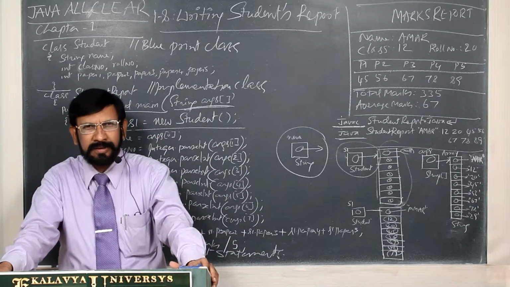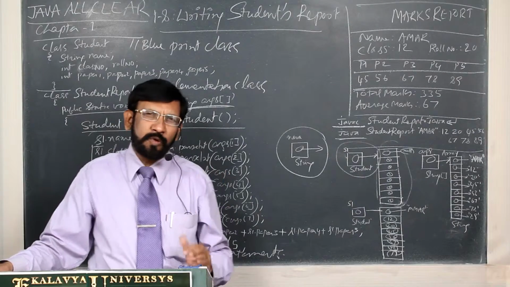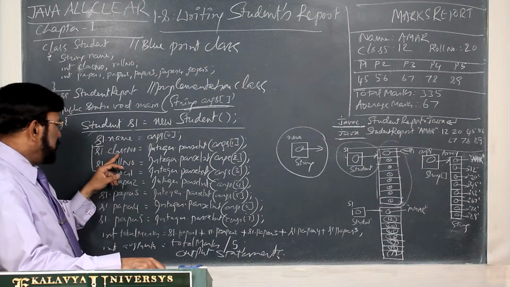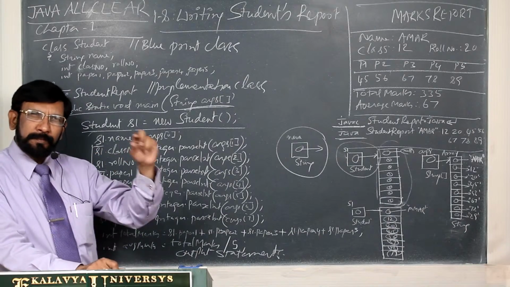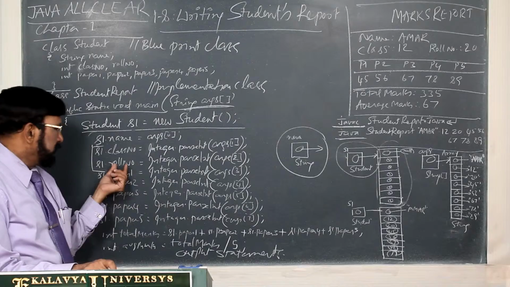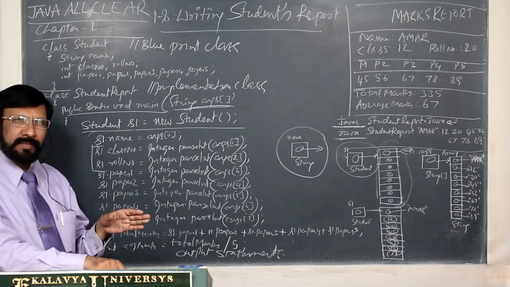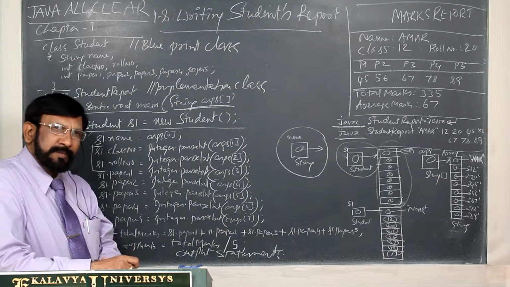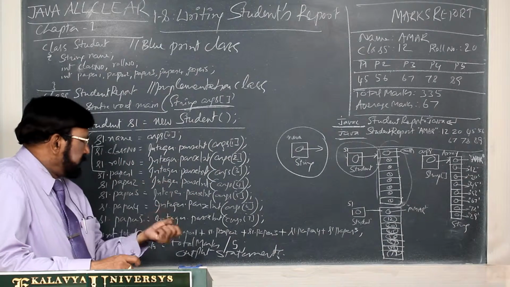In the same manner, in real life as well as in programming, appropriate behavior is there. So we have to present class number as an integer, roll number as an integer, which is an appropriate behavior.